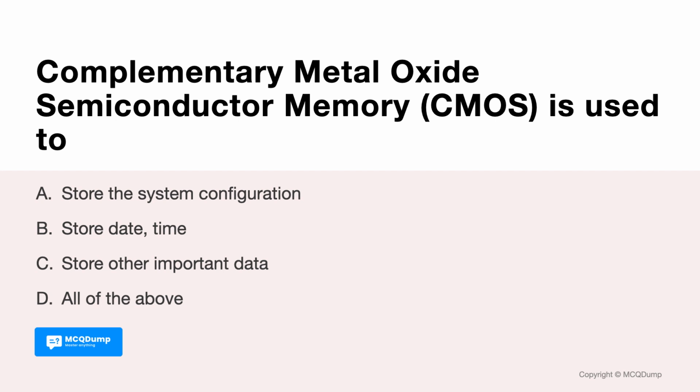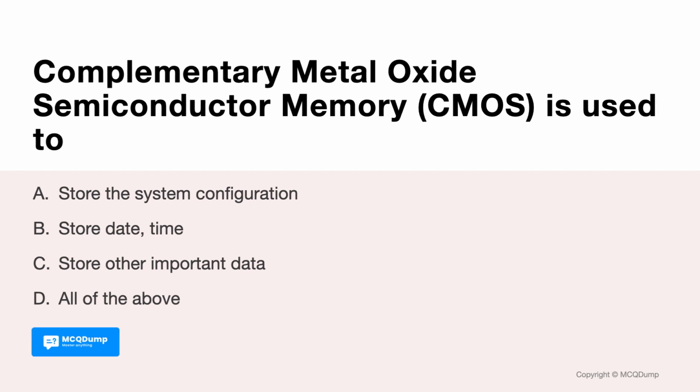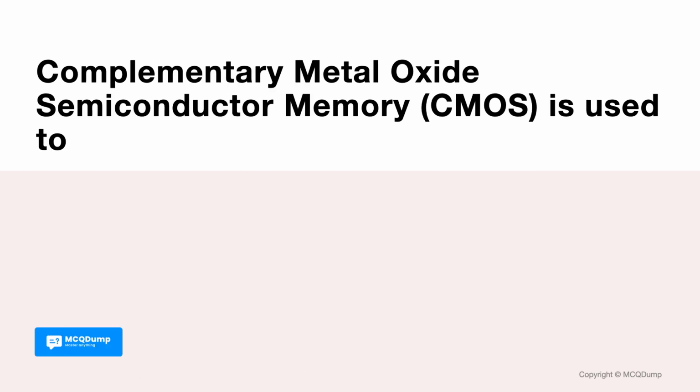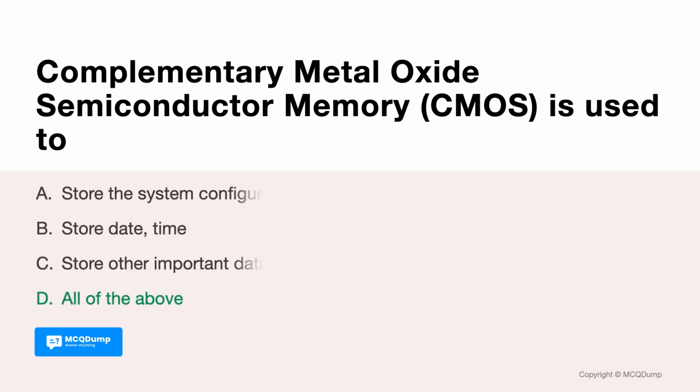B. Store date and time. C. Store other important data. And D. All of the above. Answer is D. All of the above. When the computer is switched on, BIOS matches the information of CMOS with the peripheral devices, and displays an error in case of a mismatch.